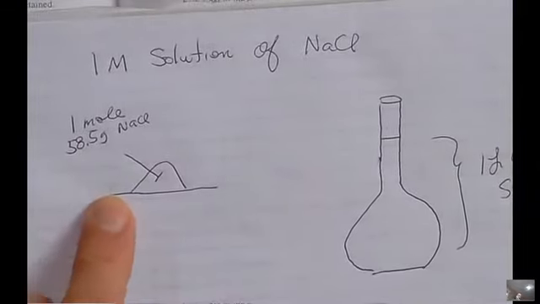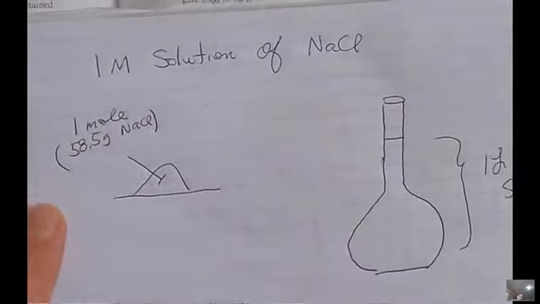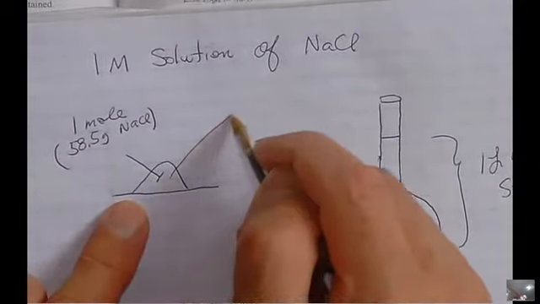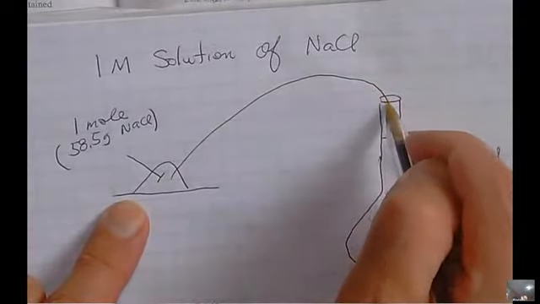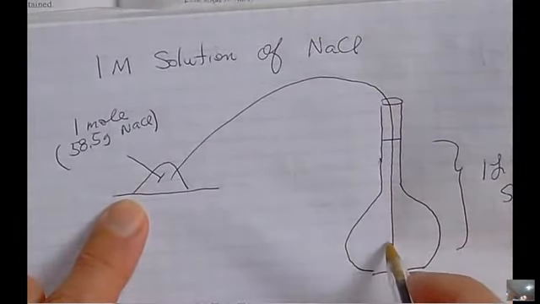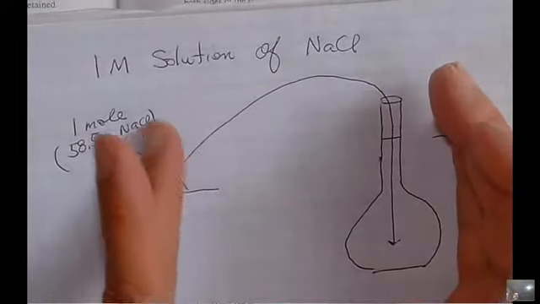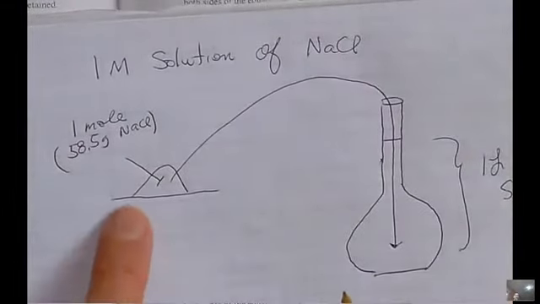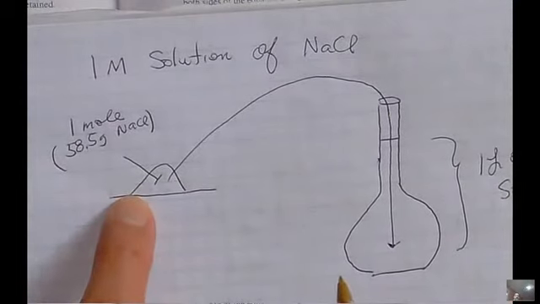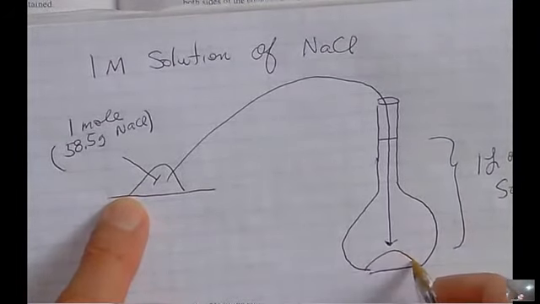So I take my 1 mole, which happens to be 58.5 grams, and I put it in here first when this is still empty. Okay? Sometimes it's called a powder funnel. You put the funnel in, this way all the salt can go in. Right? So this is a pile of regular table salt, and it's sitting at the bottom.